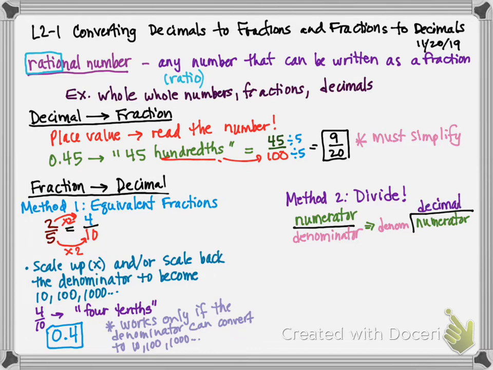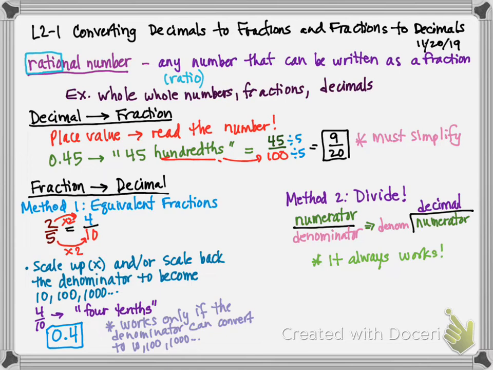Now, we could get a mixed number if our denominator is smaller than our numerator. Now, what's fantastic about this one, it always works. I can always use division, okay?